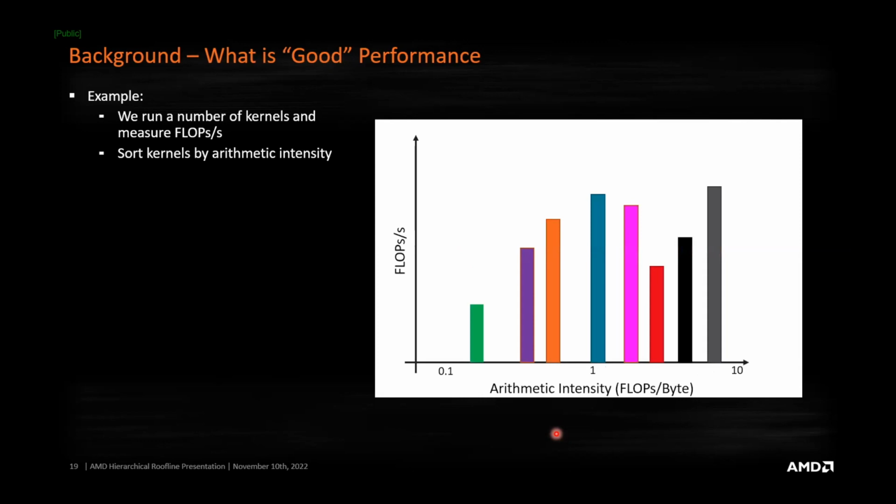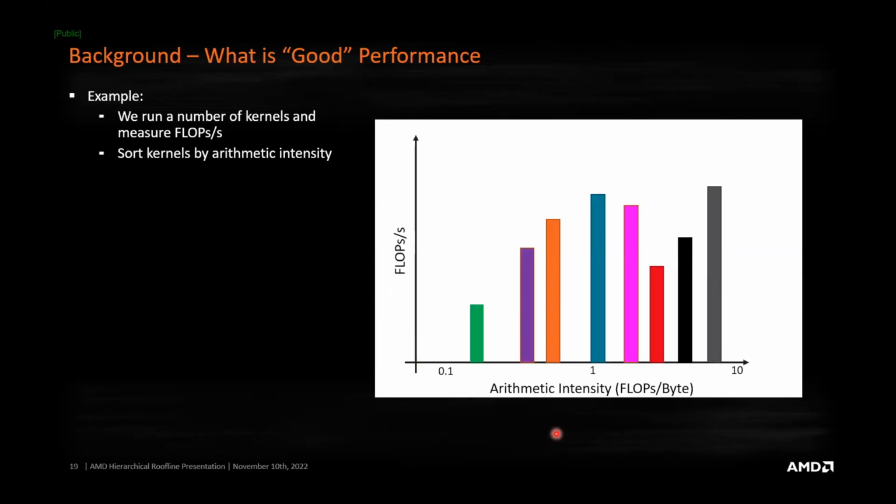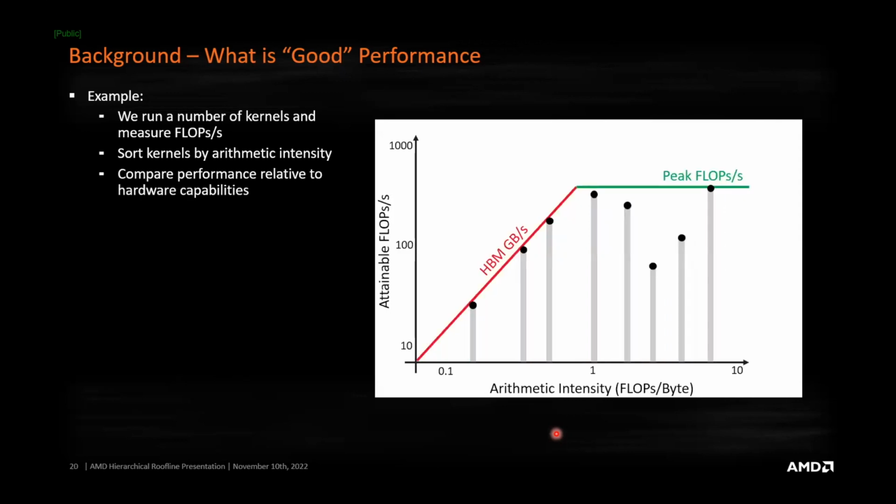But if we go with our Roofline approach, first we sort our kernels by arithmetic intensity. And then we can fit them on this Roofline plot for our architecture of interest. And you can clearly see, going back one slide, our green bar there, which we originally thought was the one we should spend all of our time optimizing, when we put it on this Roofline plot, is sitting almost on top of our memory bandwidth bound.